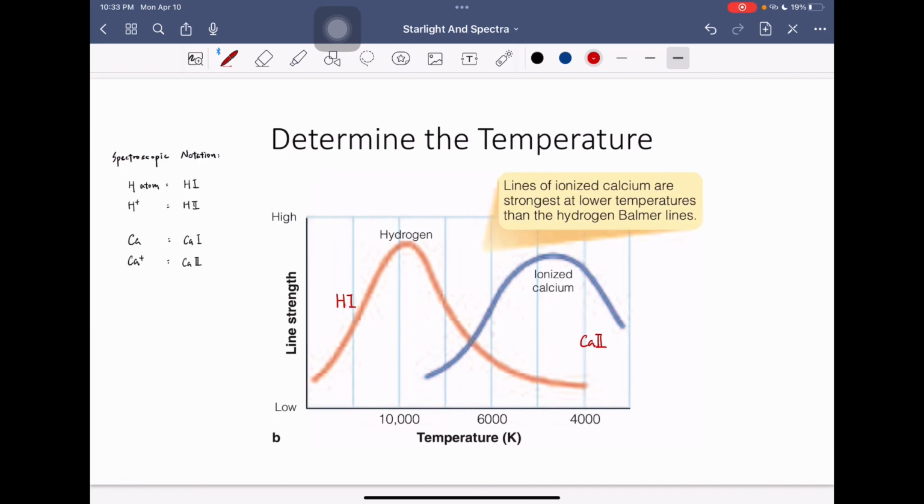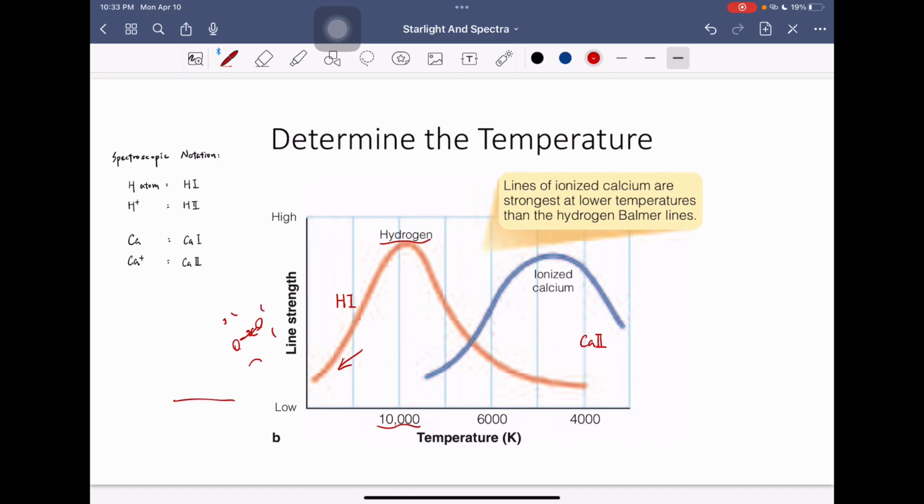So astronomers use such lines to determine the temperature of a star. For example, the hydrogen Balmer lines are strongest at about 10,000 Kelvin. That's because when the temperature is higher, the collisions between atoms are stronger.